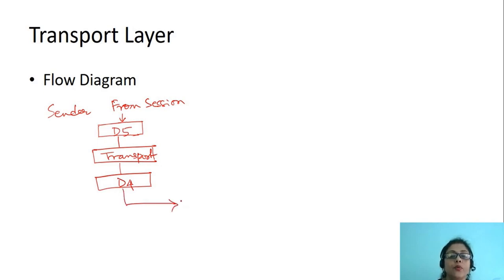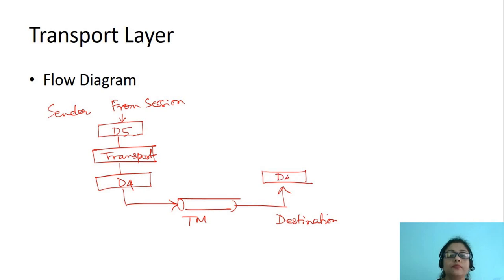Now it moves on to the transmission medium, passes through the transmission medium, goes to the destination computer. If we write that this is the destination computer, here this D4 data is received.